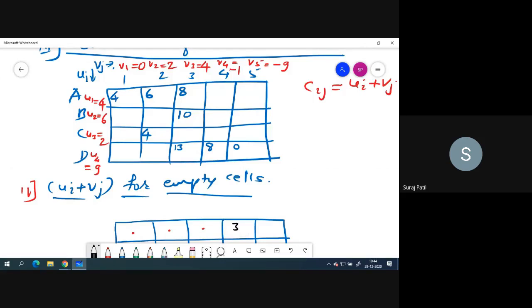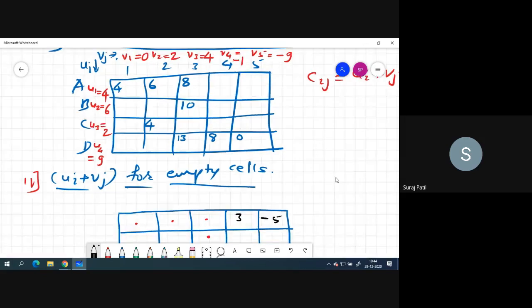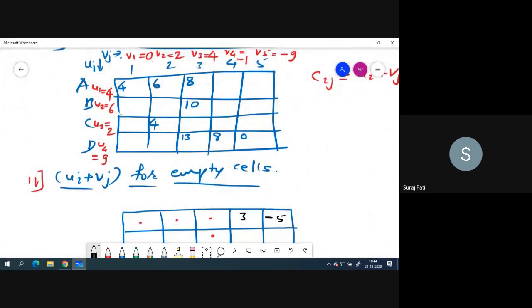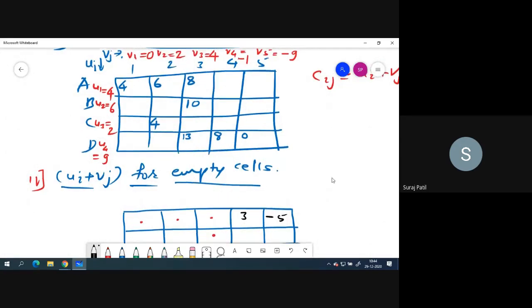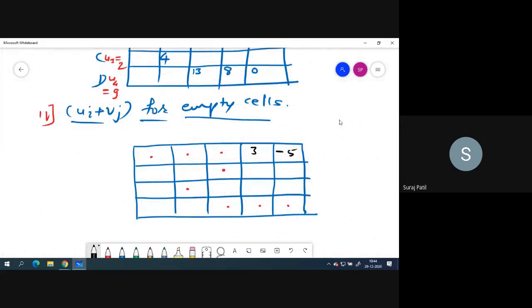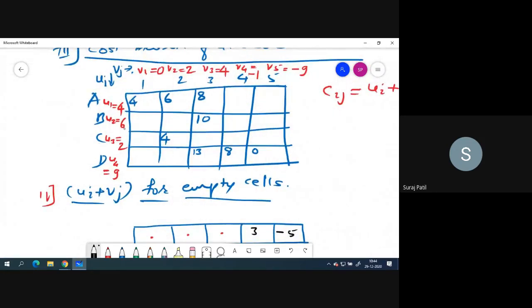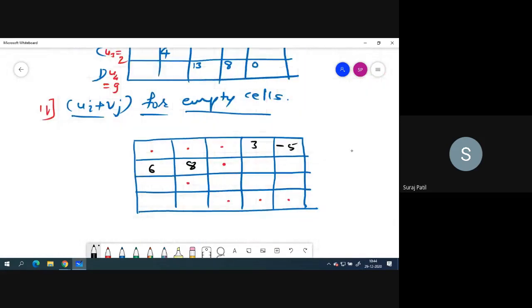Then 4 minus 9, it is how much? Minus 5. Correct? Then what about this 2? That is 6 plus 0 is 6, 6 plus 2 is 8, 6 and 8. And here you see 6 minus 1, it is 5. 6 minus 9, it is minus 3. Right? So 5 and minus 3.